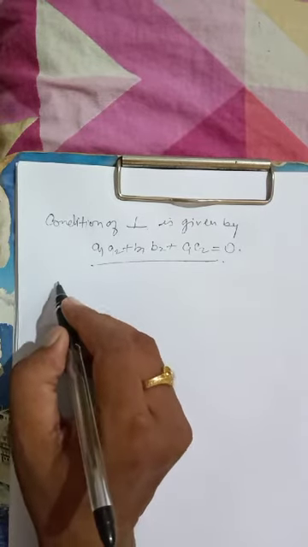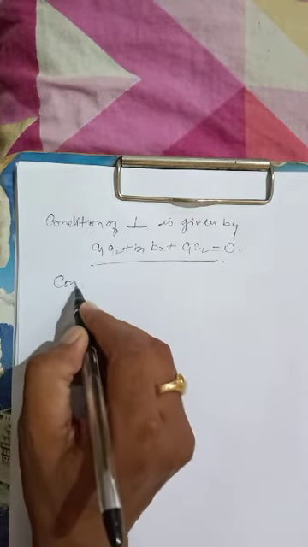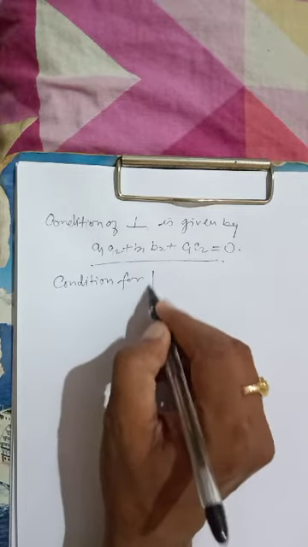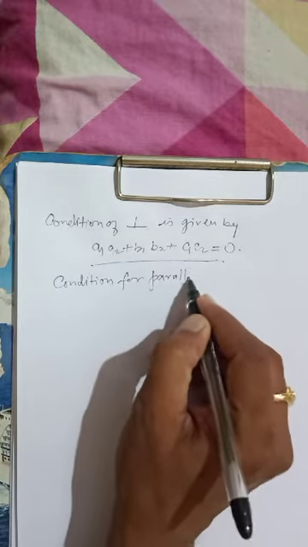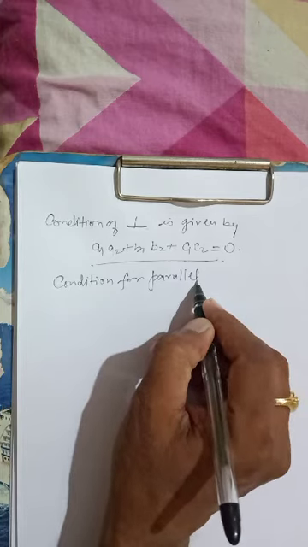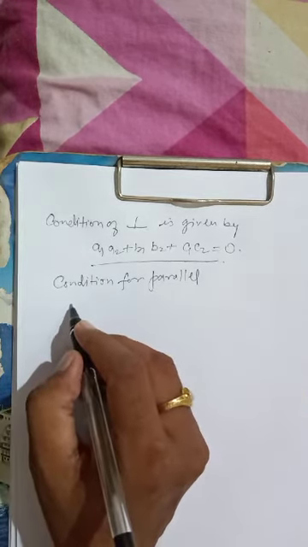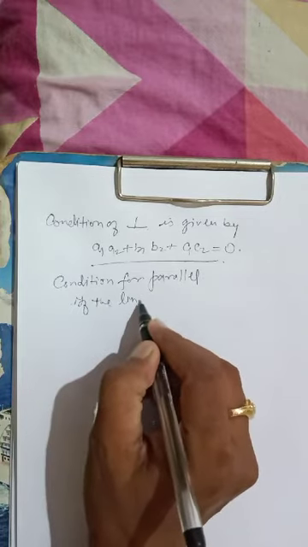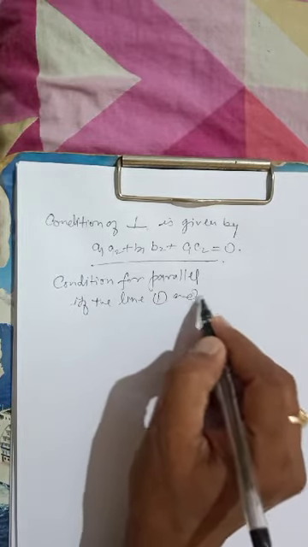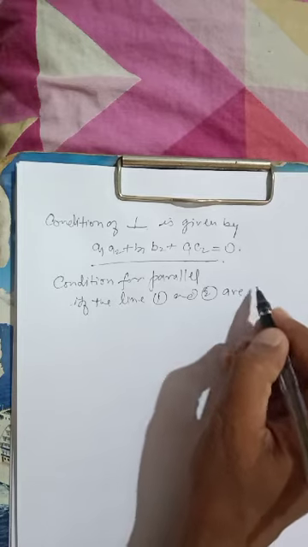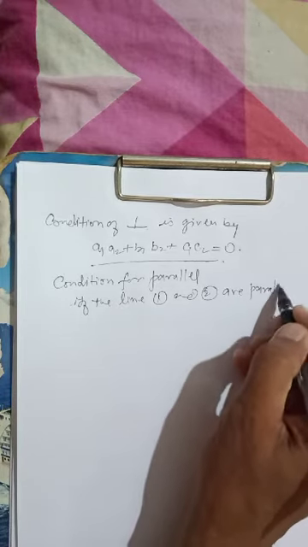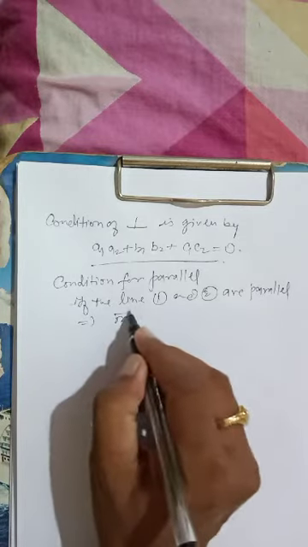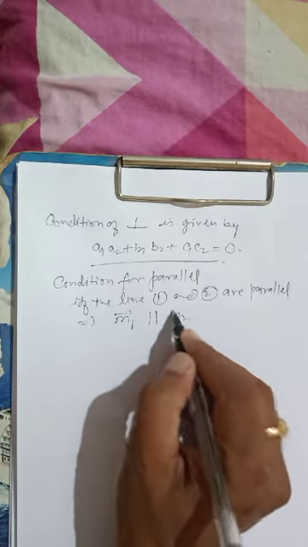And condition for parallel: if the lines 1 and 2 are parallel, it means m1 vector is parallel to m2 vector.